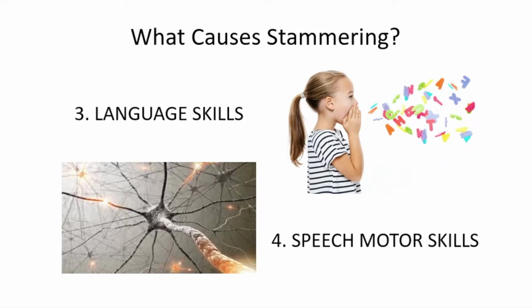Okay, and the next little factor that's part of this multifactorial picture of what causes stammering is language skills. Like we chatted about earlier, stammering tends to start when young children are developing their language skills really rapidly, between age 2 and 5.